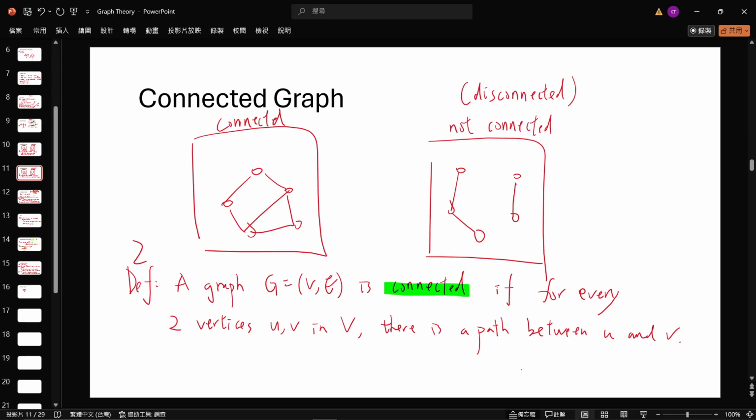In other words, we have to consider ordered pairs: for any ordered pair of vertices U and V, there's a path from U to V.